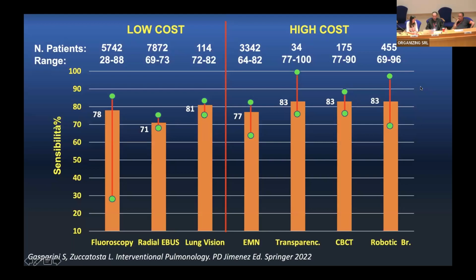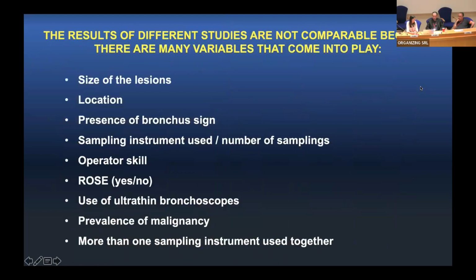sensitivity. So the problem is that there is also a heterogeneity of results, and this is because different studies are not comparable, because there are many variables that come into play in this setting: the size of the lesion, the location, the presence of bronchus sign, the sampling instruments used and the number of samplings.